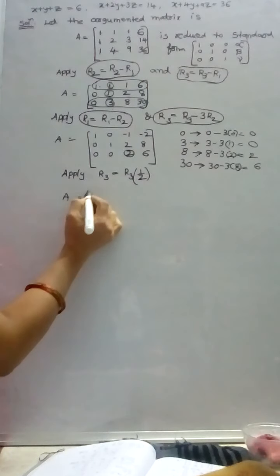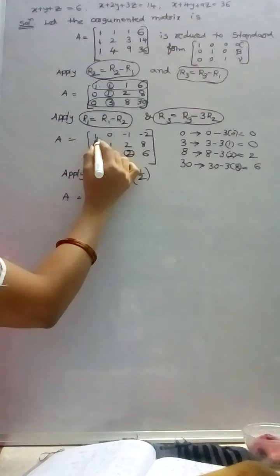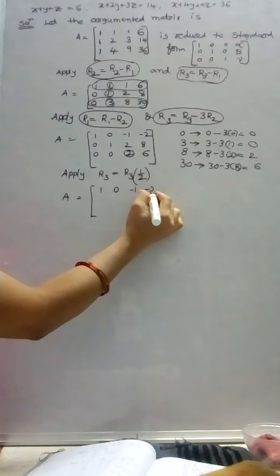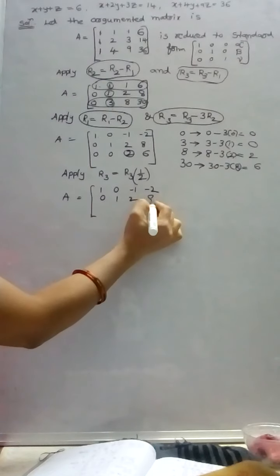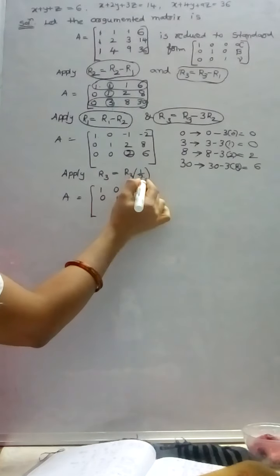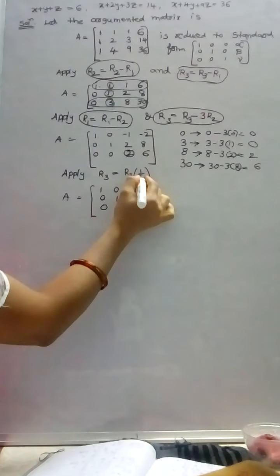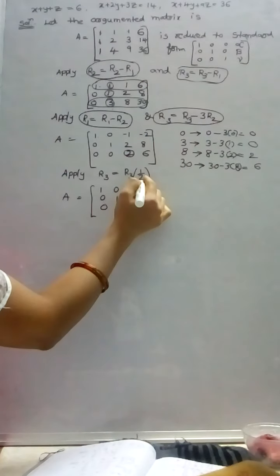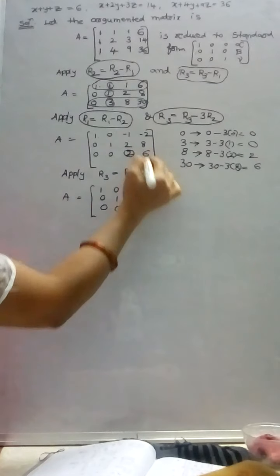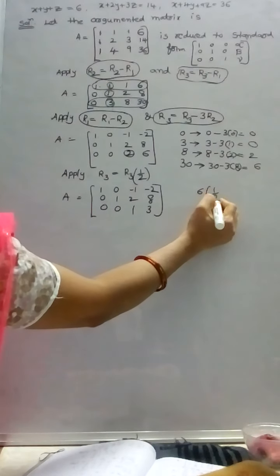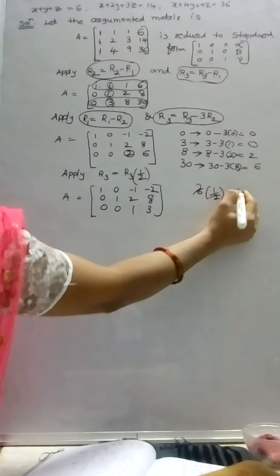Then the A matrix changes: R1 row and R2 row are taken as is: 1, 0, minus 1, minus 2 and 0, 1, 2, 8. In this row, 0 into 1 by 2 is 0, 0 into 1 by 2 is 0, 2 into 1 by 2, the 2s cancel, we get 1. 6 into 1 by 2, 2 ones are 2, 2 threes are 6, we get 3.